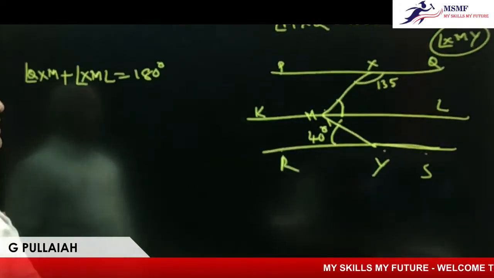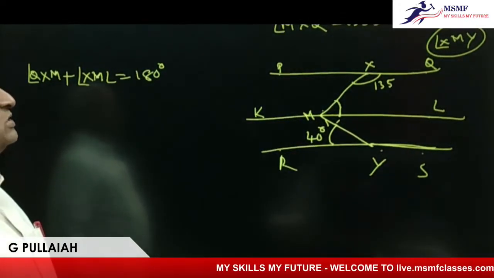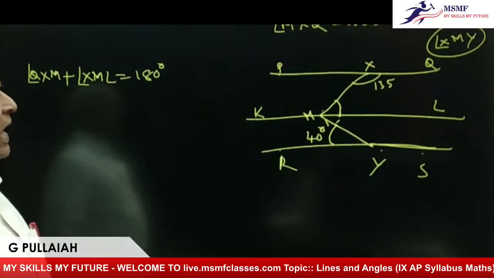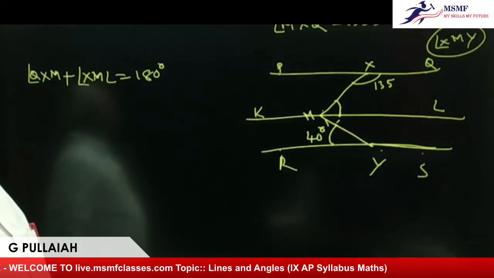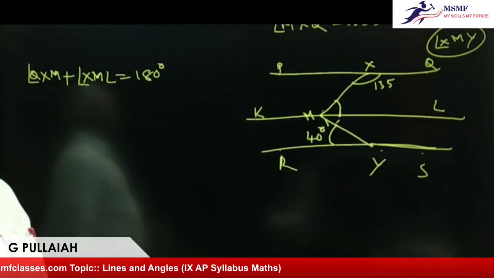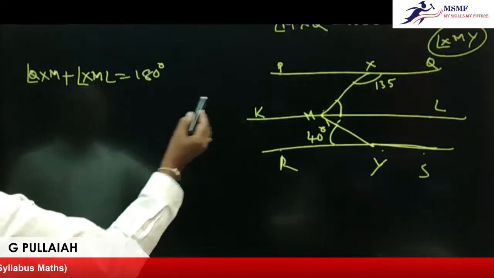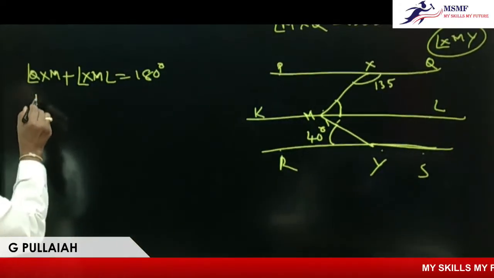They are the co-interior angles, since PQ is parallel to KL, on the same side of the transversal. Now they gave that QXM is equal to 135 degrees.